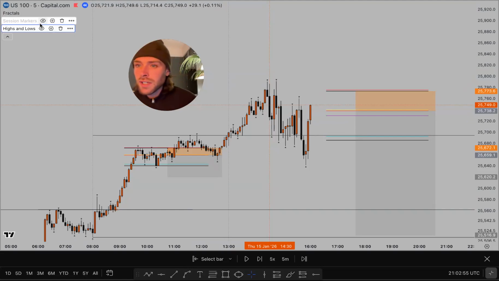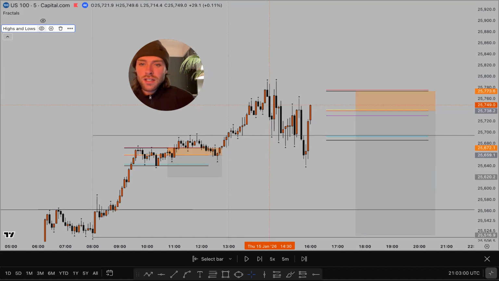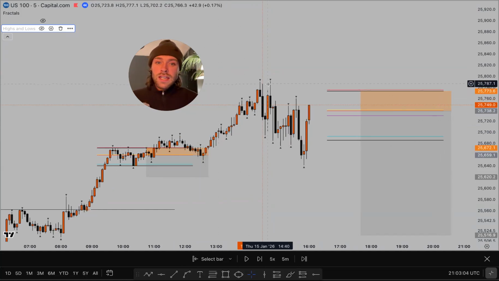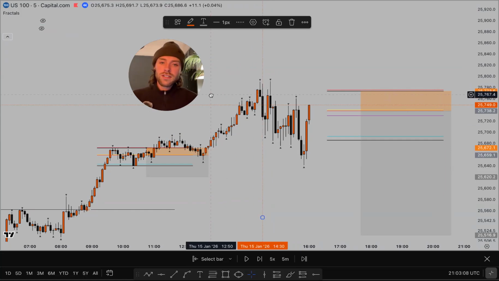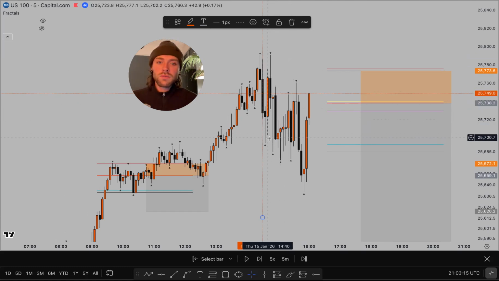Why is that not removing? Okay, cool. We swept the high here because this is the index, so it's not 1 o'clock, it's 2:30. So here is the sweep. Sweep the high, and we don't break structure, don't break structure, don't break structure till here.